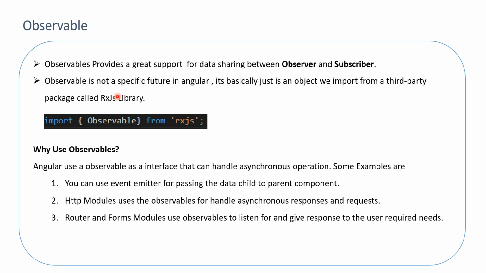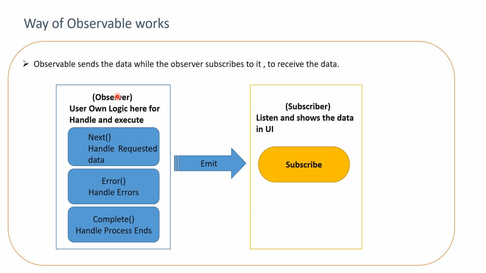Next is how the observable works. Observable is a kind of data source, basically thought of as a data source, which is implemented by the observer pattern. Here we have two main layers: the observer and the subscriber.